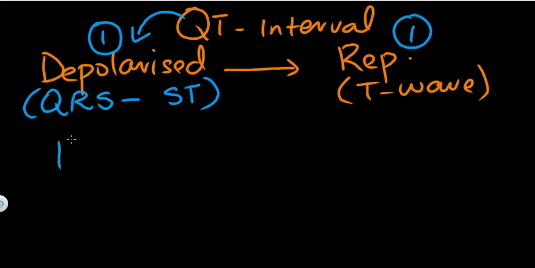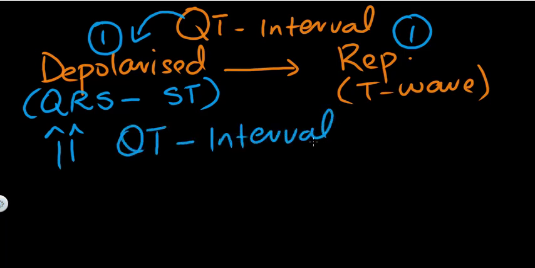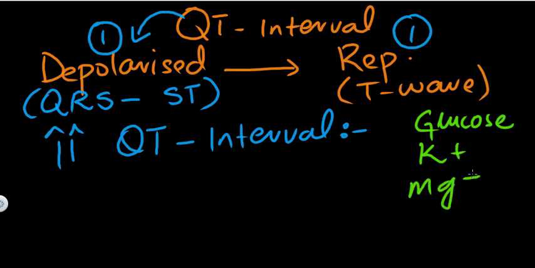However, if you see prolongation of this QT interval, not segment, you will likely be suffering from a few of the important biochemical abnormalities, the most common being glucose, potassium, and magnesium.